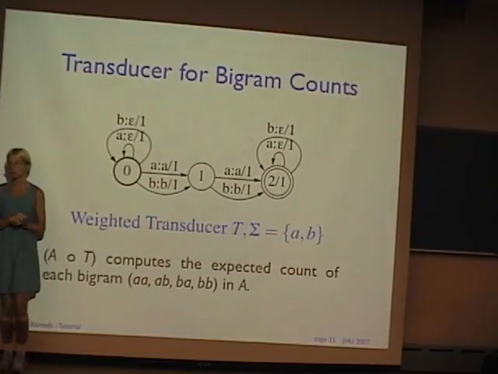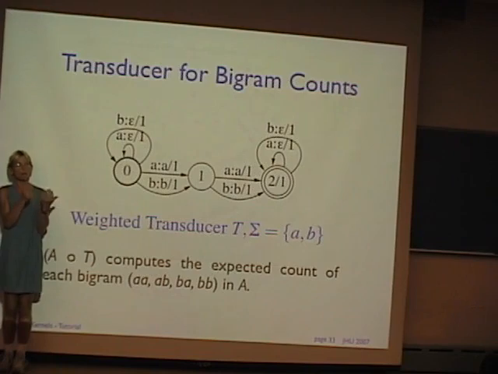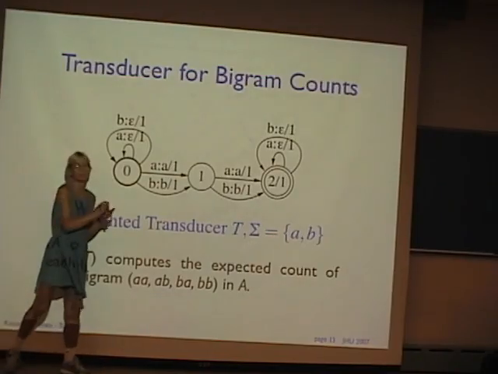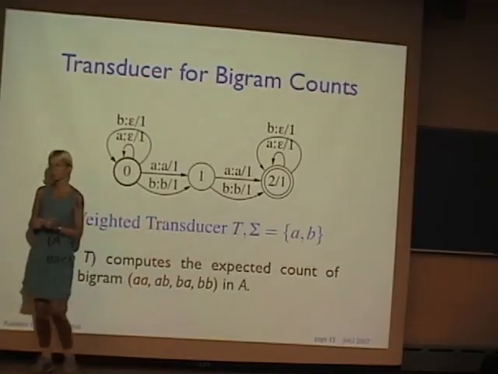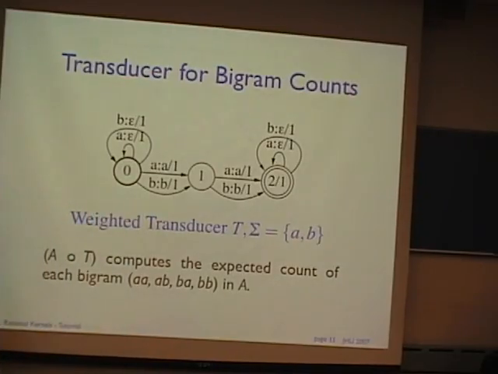So this transducer, if we apply it to a string of A's and B's, will output 4 strings, AA, AB, BA, and BB, with the counts, because we get a weight of 1 every time we go from the initial to the final state. It's just 1 multiplied. So this transducer will give us the bigrams with multiplicity when it's applied to a string.